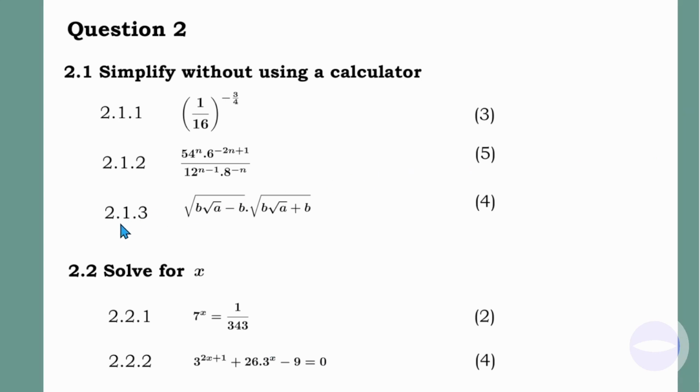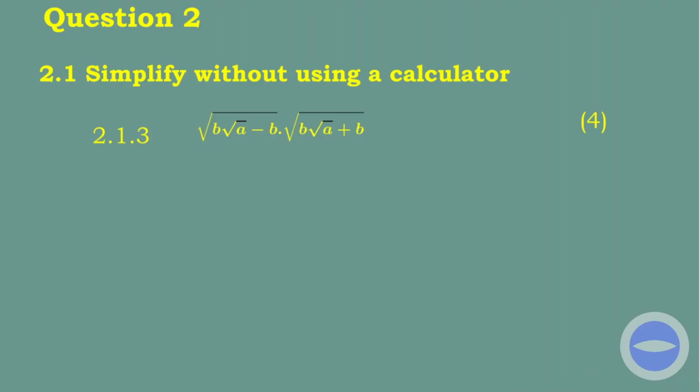The next question is 2.1.3. The square root of b, the square root of a minus b multiplied by the square root of b, the square root of a plus b. So this one is a little bit tricky. So first of all, if you can see here, we've got multiplication here. So it's possible to write only one radical sign or one square root.